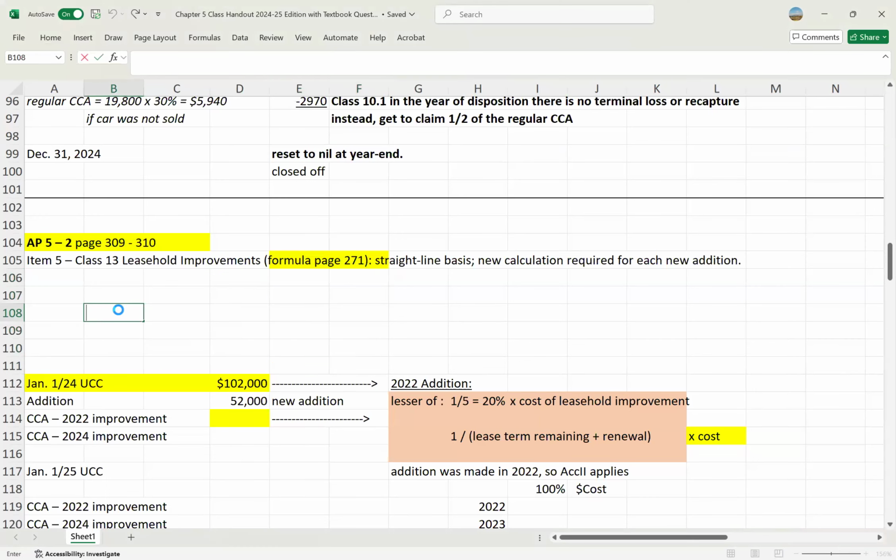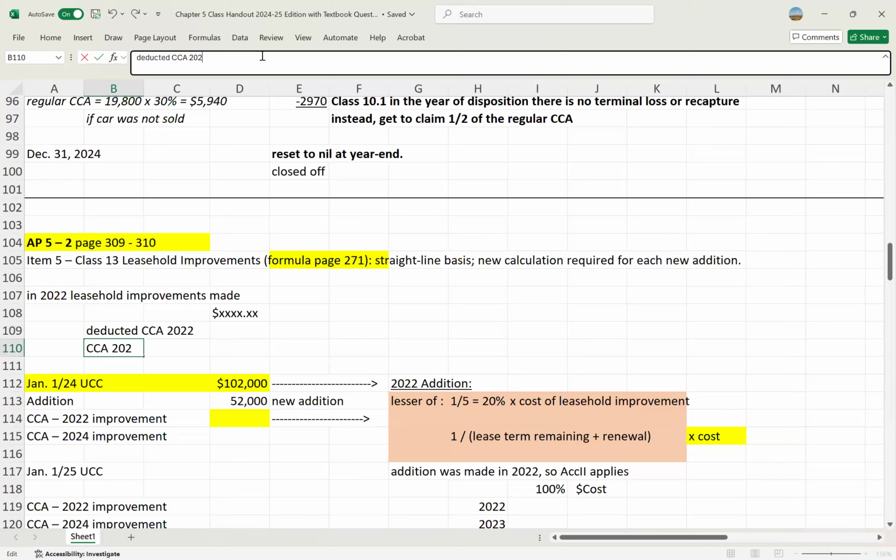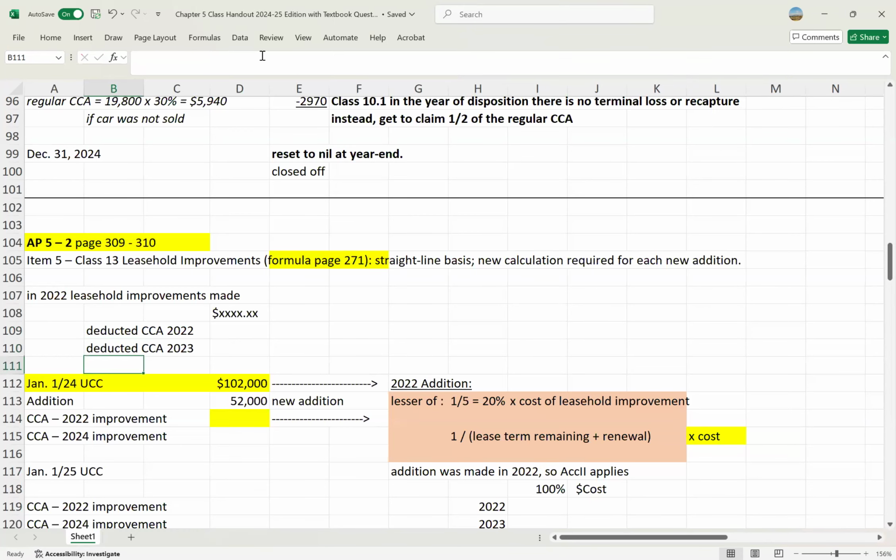We know that in 2022, leasehold improvements were made, but we don't know what that amount is. And then we know that we deducted CCA in 2022, and we also deducted CCA in 2023. But once again, we don't know what those amounts are.